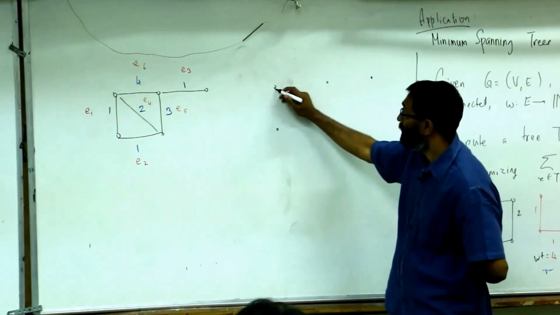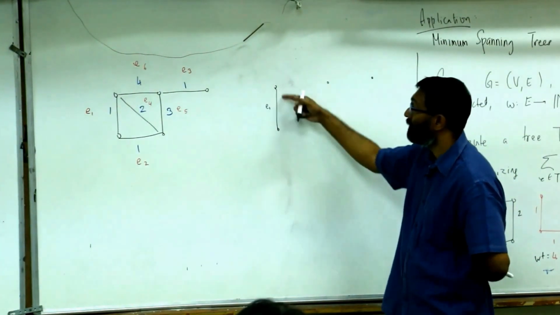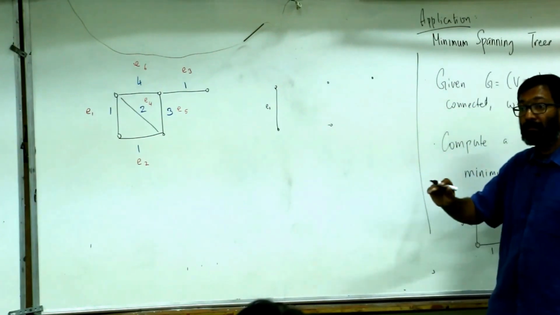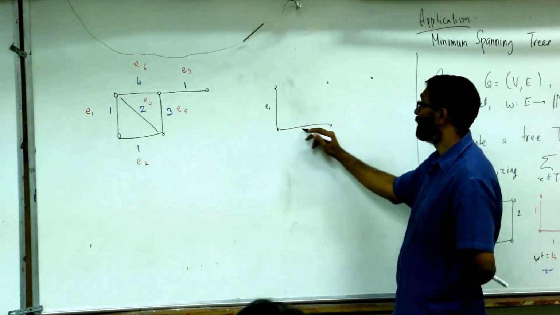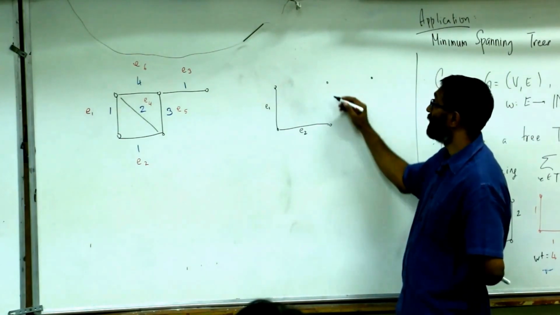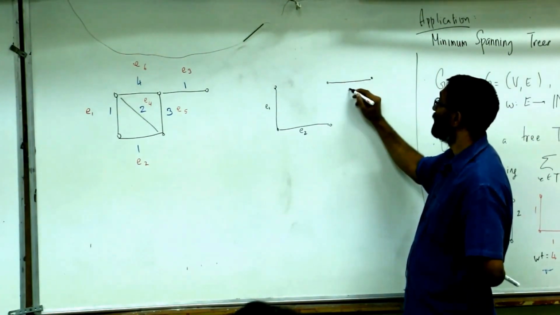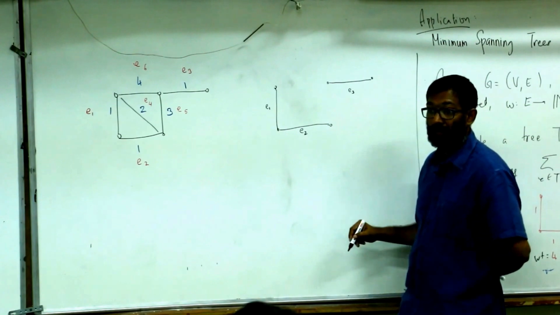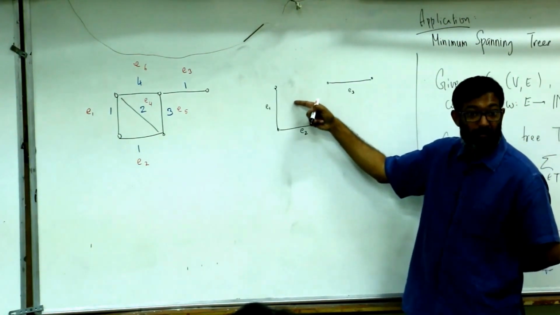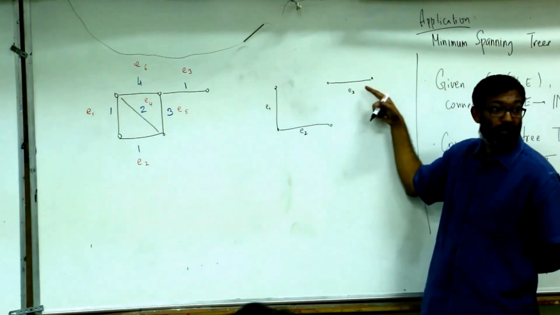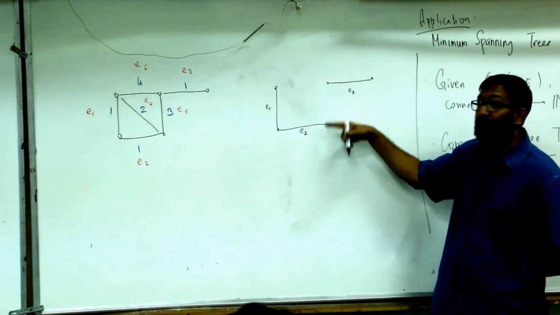Then we look at E1, we try to add E1 and we're fine, it doesn't create a cycle. Then we add E2, doesn't create a cycle. Then we add E3, doesn't create a cycle, but this part is connected. This doesn't create a cycle but is connected, but these two are not connected.